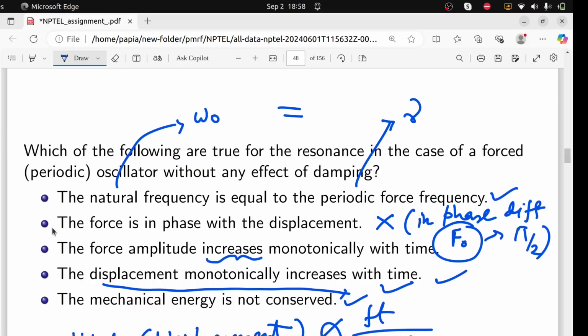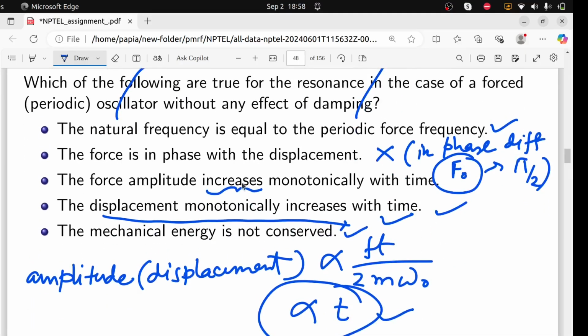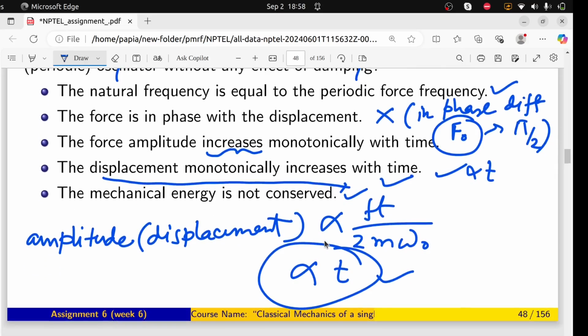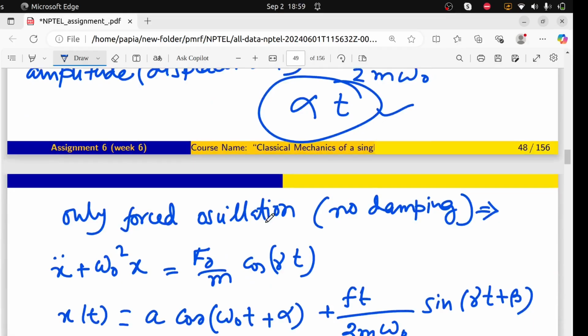The force amplitude increases monotonically with time. That is not correct, but displacement monotonically increases with time, because it is a function of t only. The mechanical energy is not conserved. That is also fine, because as the amplitude is monotonically increasing, that means the system has absorbed the energy. So mechanical energy is not conserved here.